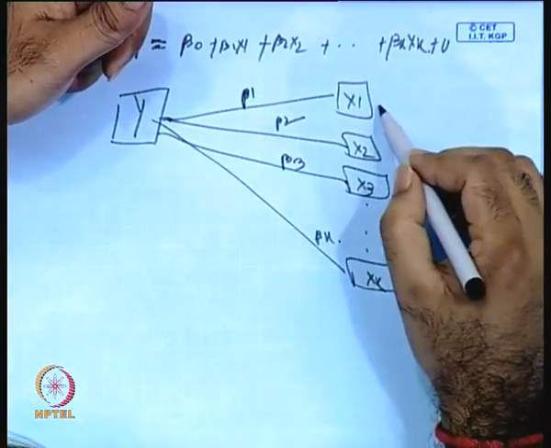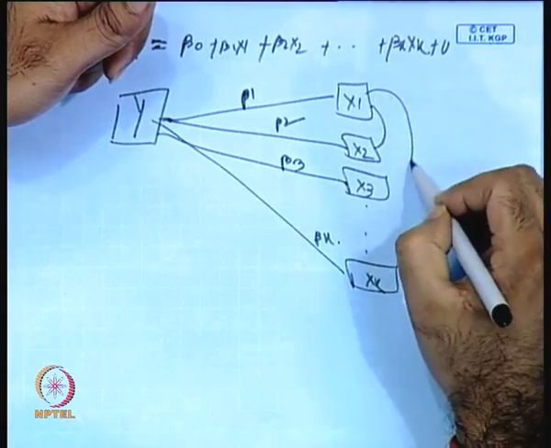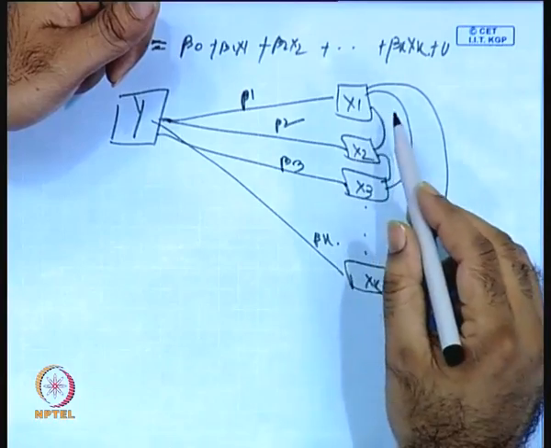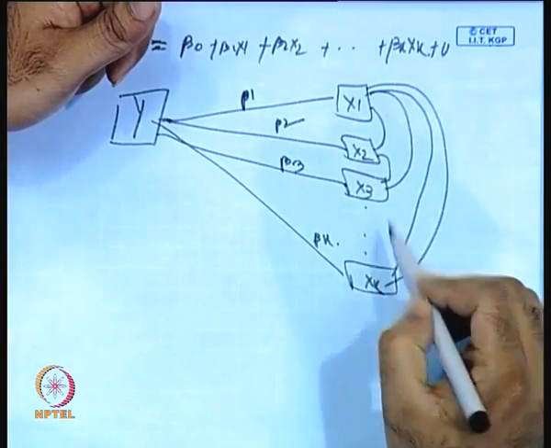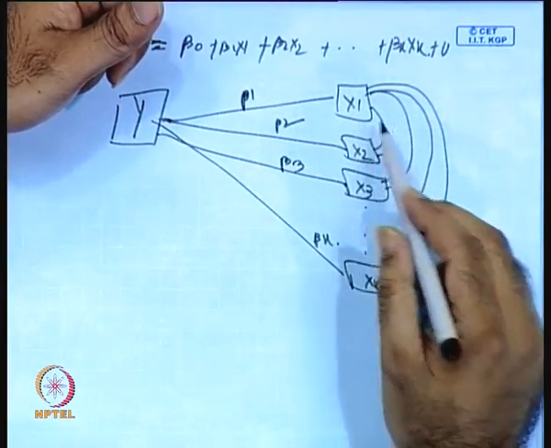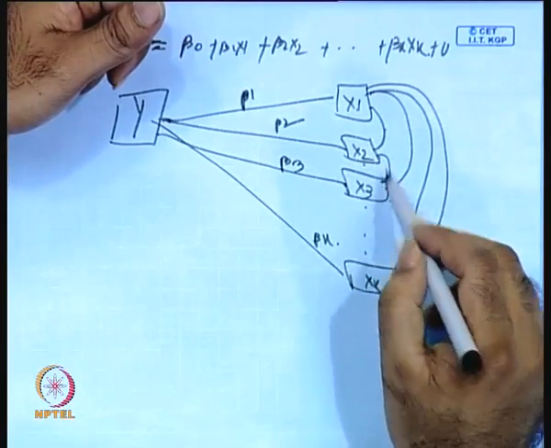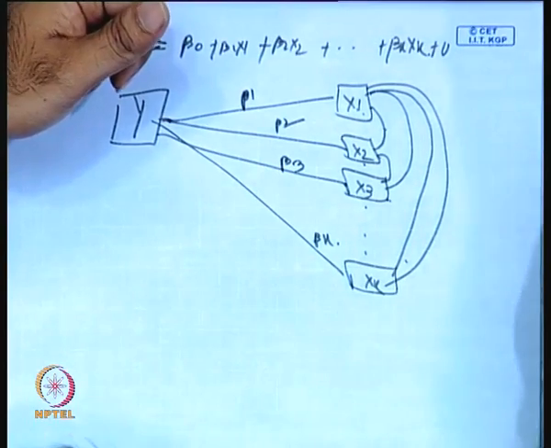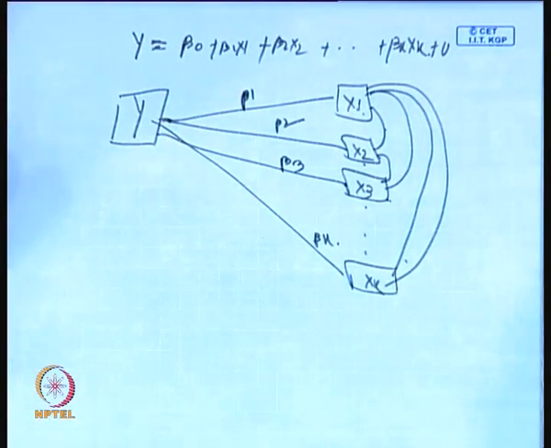Okay, so by default there should not be any correlation between x1 and x2, x1 and x3, x1 and xk, x2 and x3, and so on. So this is how the model is fitted here.